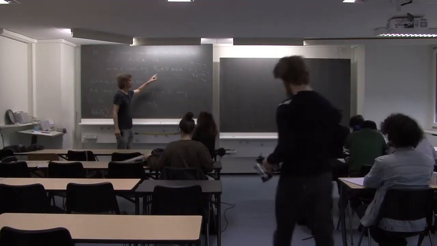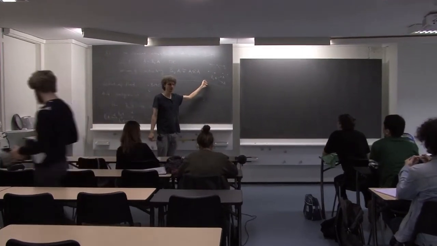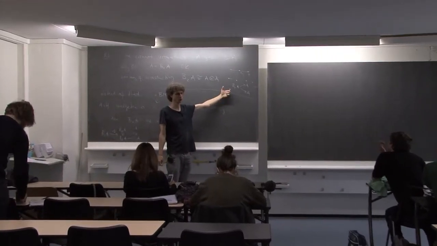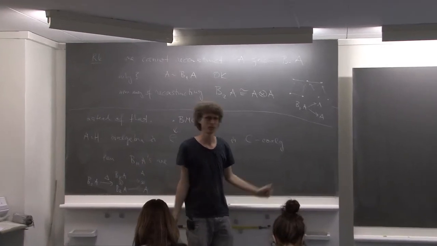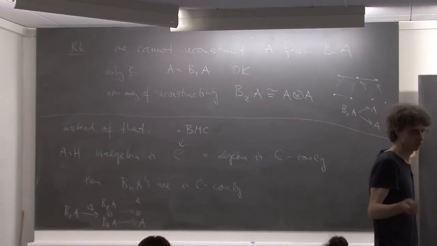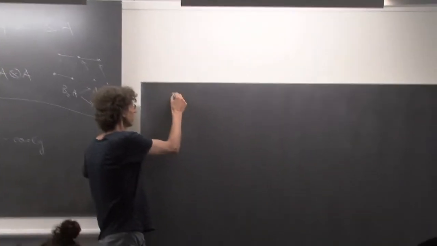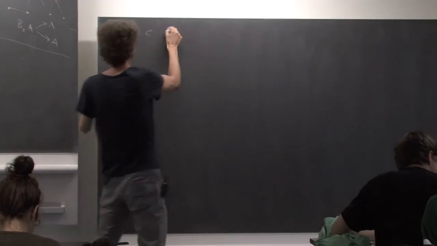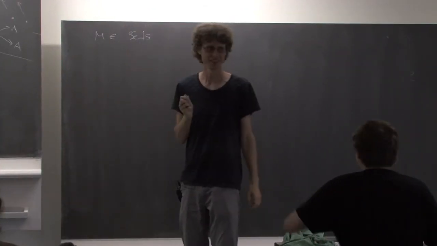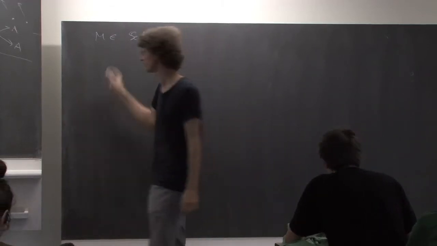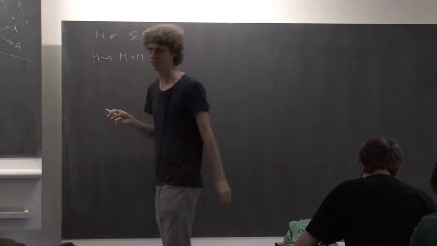Yes, so there was a question: how come this doesn't work for algebras when it works for ordinary monoids? How come we cannot reconstruct the algebra from its nerve when we can do it for monoids? The thing is, it's sort of obvious, but in sets, if M is an object in sets, then it always comes with a natural coproduct, which is just the diagonal map.